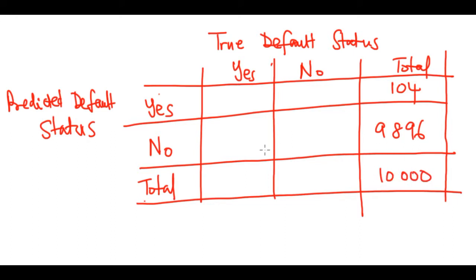Let's look at our training data set. How many were true default status equal to yes? The total for them was 333. And the status for no was 9667. So how do we fill in these four boxes here?